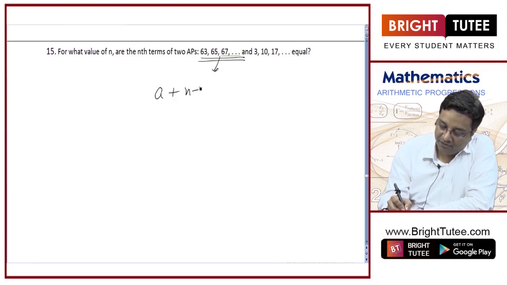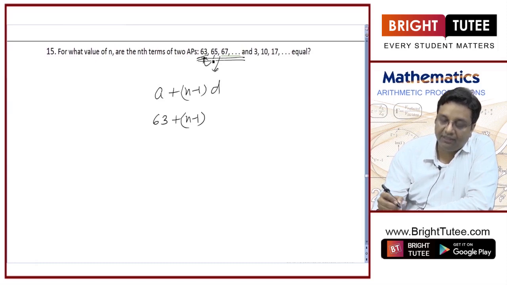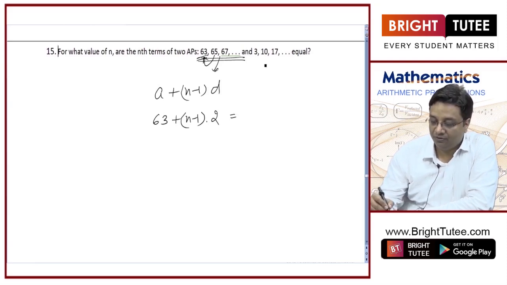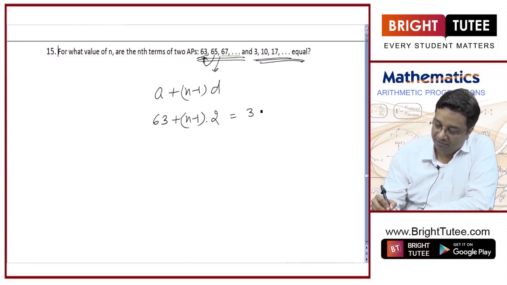A plus n minus 1 into d, which is equal to 63 plus n minus 1 into the common difference. What is the common difference? 65 minus 63, which is equal to 2. Let's equate it with the nth term of this AP. The nth term of this AP will be 3 plus n minus 1 into the common difference, 10 minus 3 equal to 7.